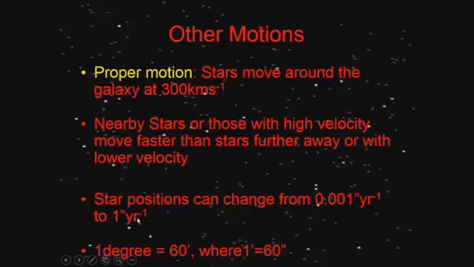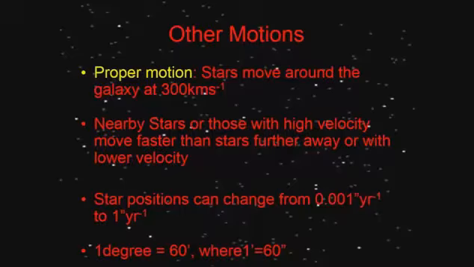Now, what's an arc second? Well, an arc second is a fraction of a degree. So 1 degree is 60 minutes. 1 minute is 60 seconds, the same as we deal with time. But here we're talking about position. So 1 degree is broken down into smaller units of minutes, and then we break that minute down into smaller units of arc seconds.